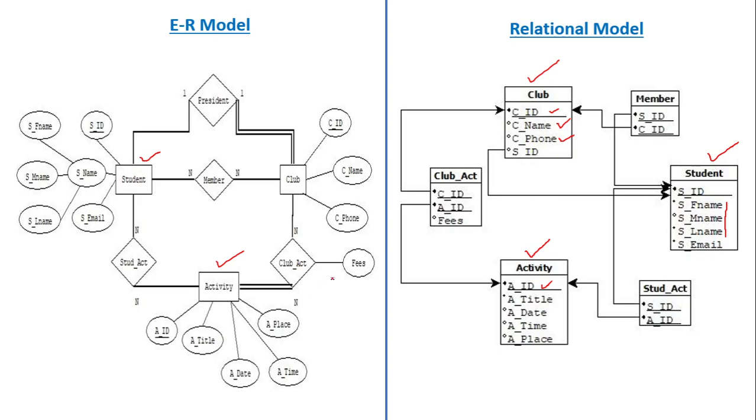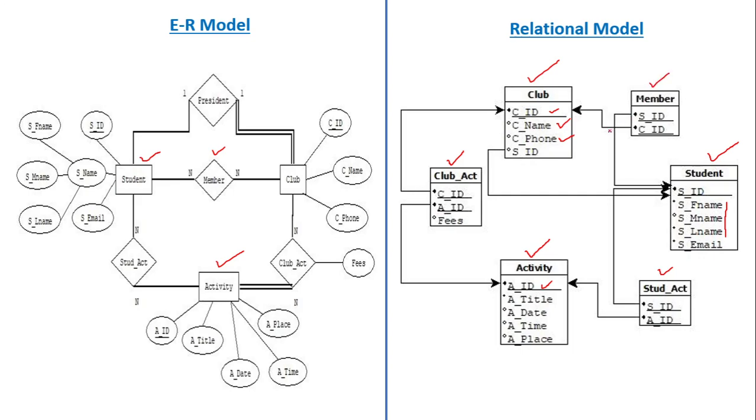According to our rules, if we are having any many to many relationship set, then we should have a separate table for that relationship set. Okay, so we should have stud act as a separate table, we should have club act as a separate table because all are many to many, and the member, once again a many to many relationship set, so we should have that as a separate table.